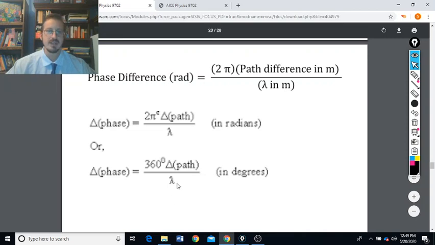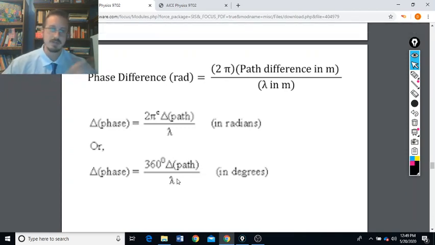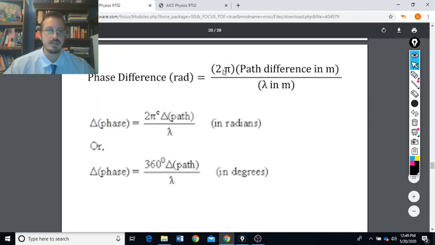It's that ratio times either 2 pi or 360 degrees. Path difference divided by the wavelength times 2 pi gives you the radians. The path difference divided by the wavelength times 360 gives you the phase difference in degrees.